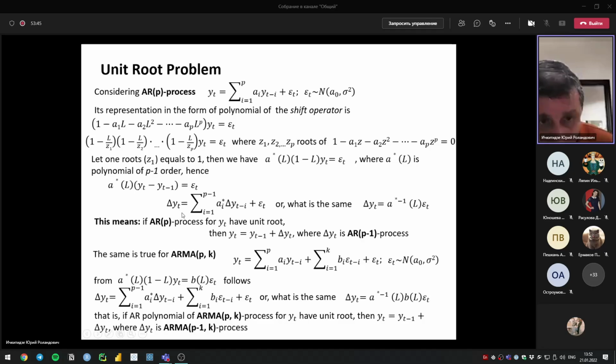That is, delta y is the sum from 1 to p minus 1 of the new coefficients a asterisk multiplied by delta y with a lag, plus epsilon.